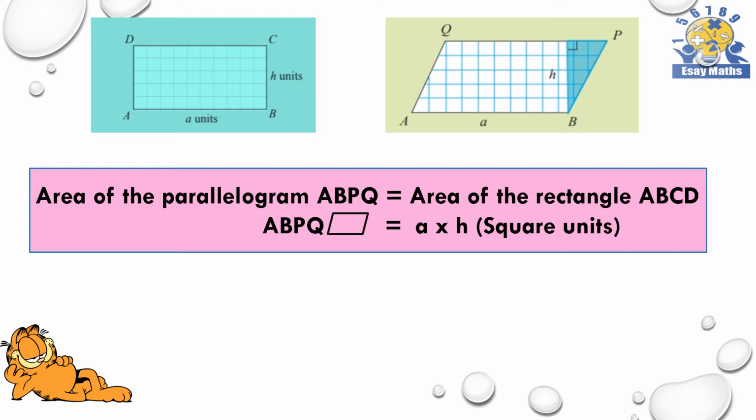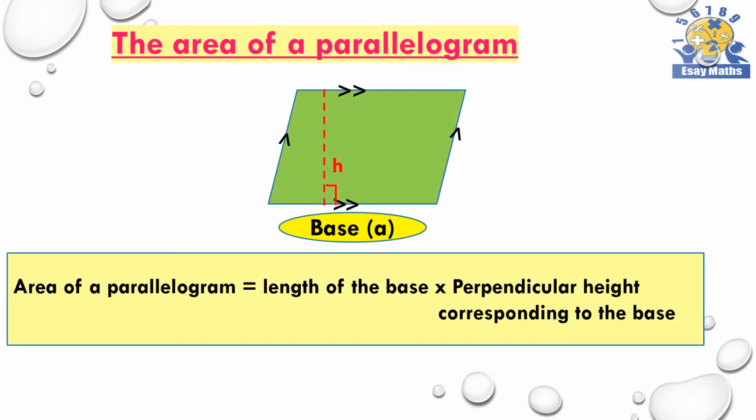So area of the parallelogram ABPQ is equal to A into H in square units. So it's very clear. Area of a parallelogram is equal to length of the base multiplied by perpendicular height corresponding to the base. So we can express it as A equals AH.